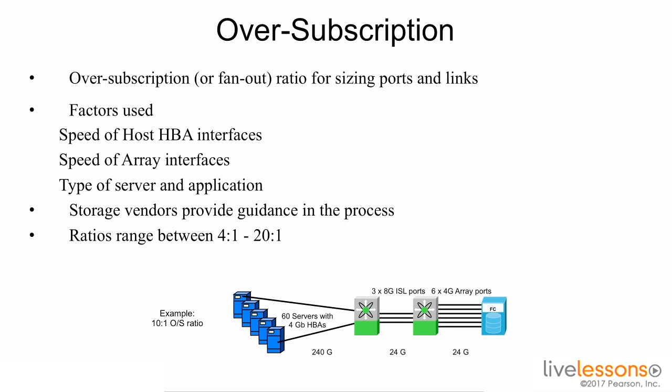In the example below, I'm showing a 10-to-1 oversubscription ratio because I have 240 gig of available bandwidth going into 24 gig of bandwidth at the storage array side. Storage vendors usually provide guidance in this process, and the ratios usually range between 4-to-1 and 20-to-1.